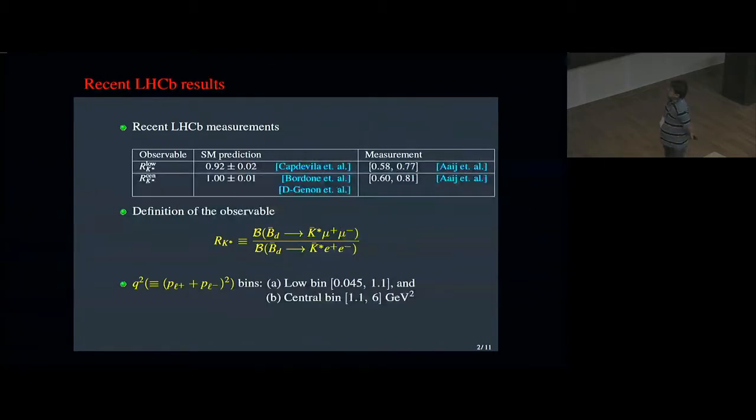Recently LHCb announced the anomaly in RK star in two bins, central and low bins. These are respectively 2.2 and 2.4 sigma deviations.